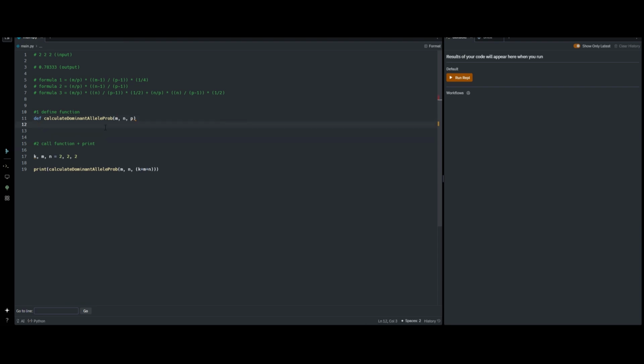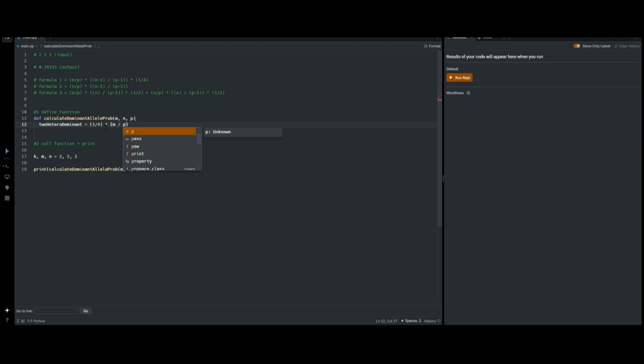So in here we have formula 1, heterodominant, let's say. One thing I'd like to point out is that when you're coding, it's very important to be mindful of parentheses, since PEMDAS, or whichever the case, is still applicable here.